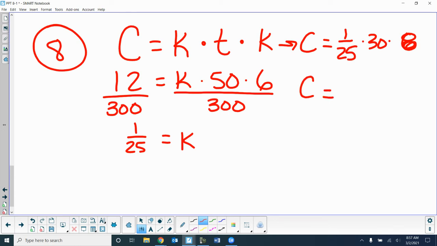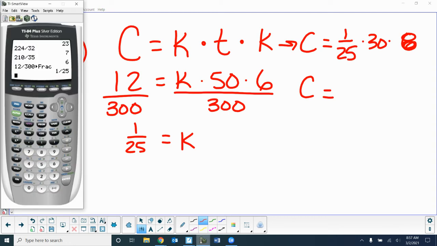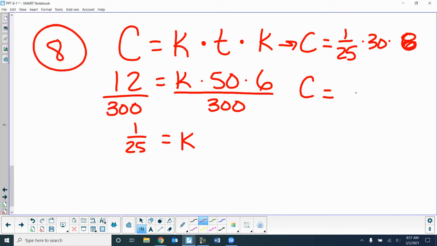All right, so 1/25 times 30 times 8. 9.6. That's cents, I think. Yeah, to the nearest cent would be actually 10 cents, right?